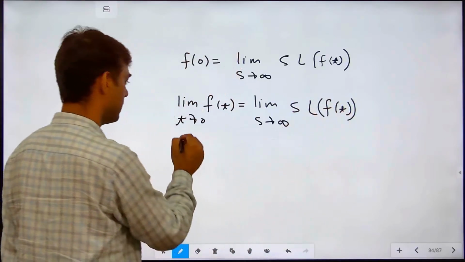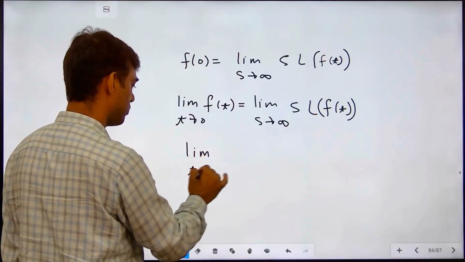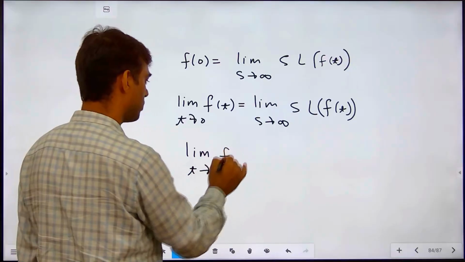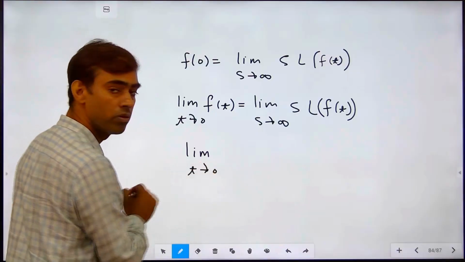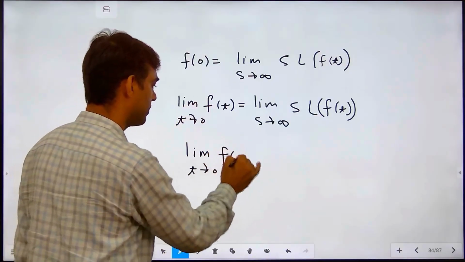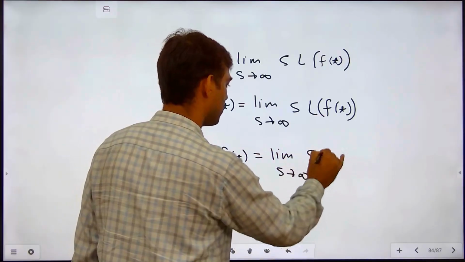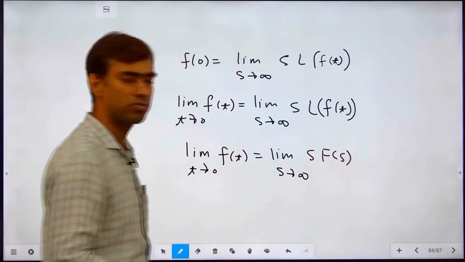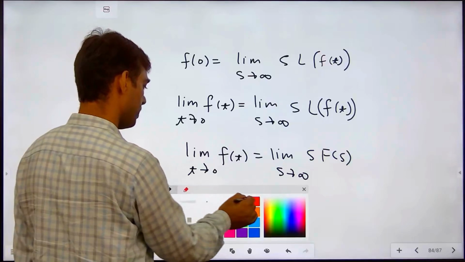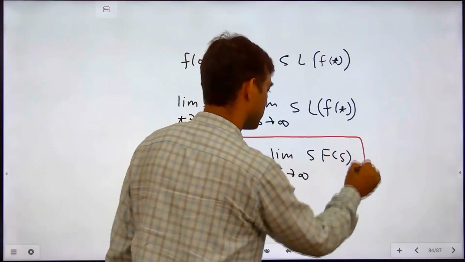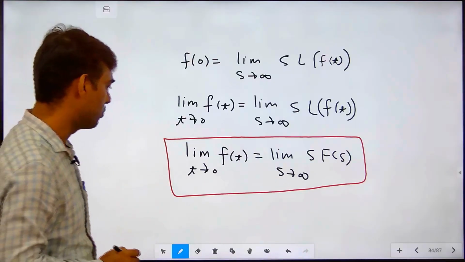This expression can also be written as limit t tends to 0 of f(t) equals limit s tends to infinity of s F(s), because the Laplace transform of f(t) is F(s). So, we may use this initial value theorem as a formula in order to solve numerical problems.